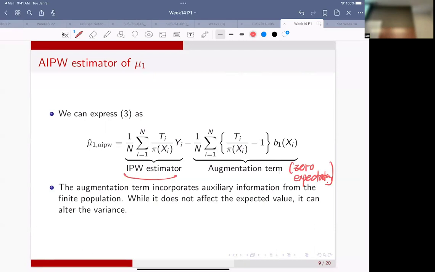And you might wonder why we use a function of x only. Why not include y too? Well, the problem is that if you include a function of x and y, you cannot really compute it from the sample because you don't observe y_i for everyone. You only observe y when t is 1, but this is over the whole sample.